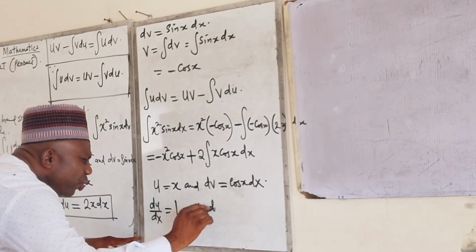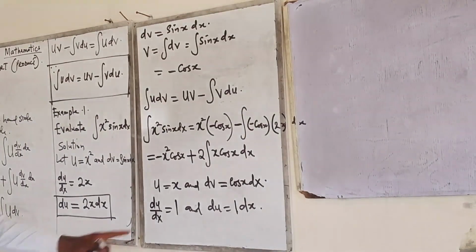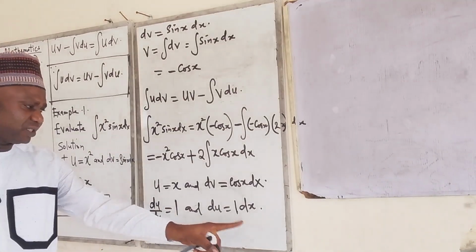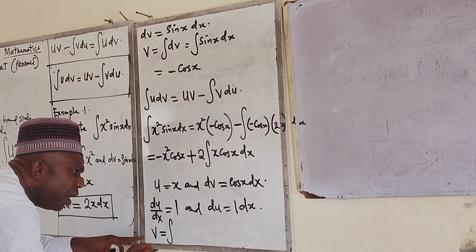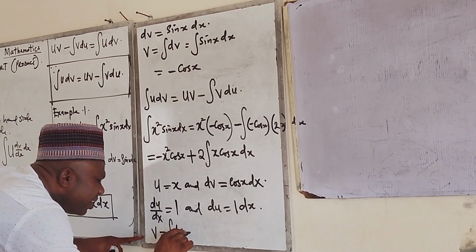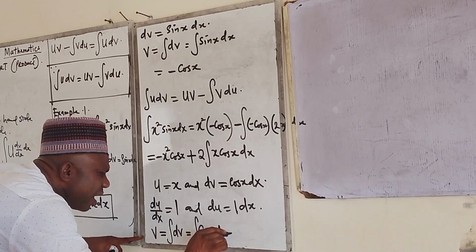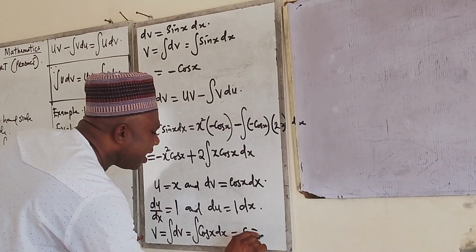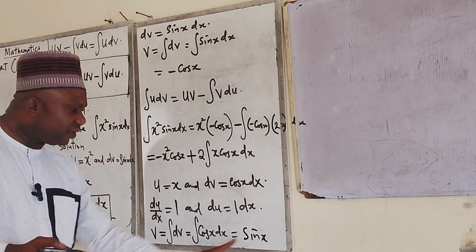And the du will be equal to 1 dx. Yes, when you cross multiply, du will give you 1 times dx. So here we have 1 dx. Now let's see v. Our v now will be equal to integral cos x dx. And when you integrate cos x, it gives sine x.